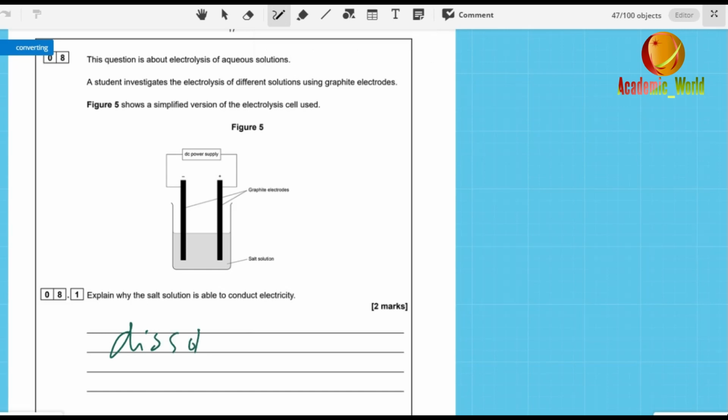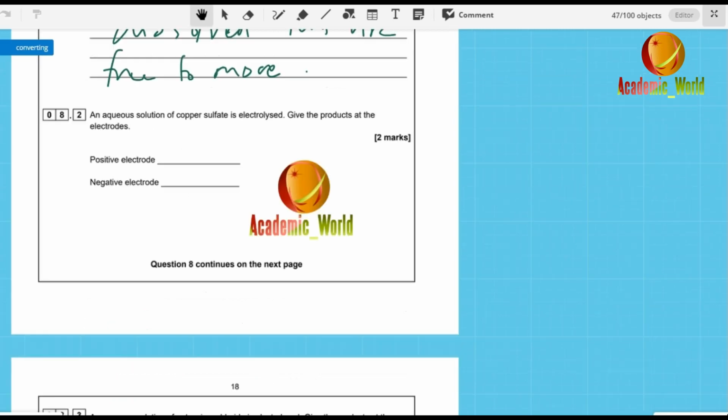Next, at the positive electrode oxygen gas will form, and at the negative electrode copper metal will form.